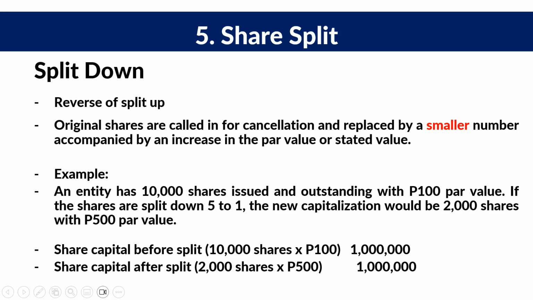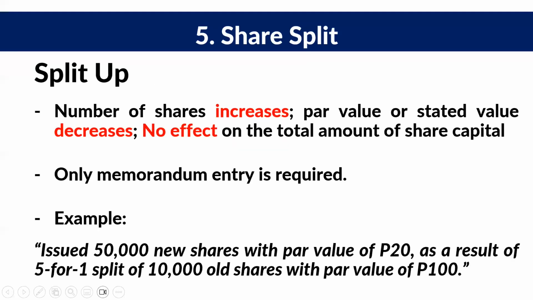If the shares are split down 5 to 1, the new capitalization would be 2,000 shares with 500 par value. Before the split, you have 10,000 shares times 100, that's 1 million. After the split, you have 2,000 shares times 500. That's also 1 million. So that's split down.